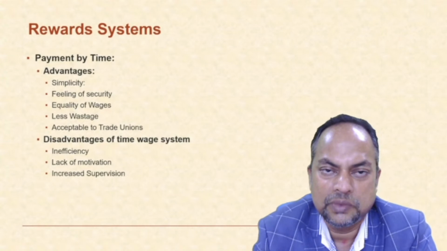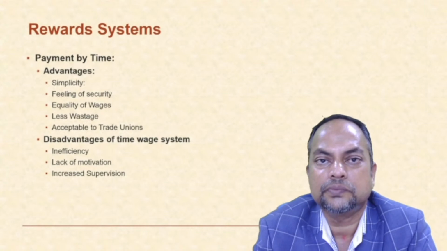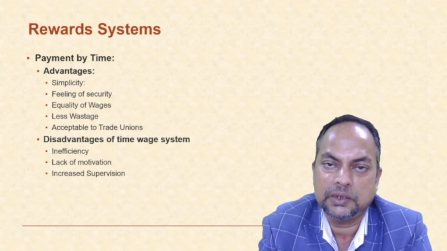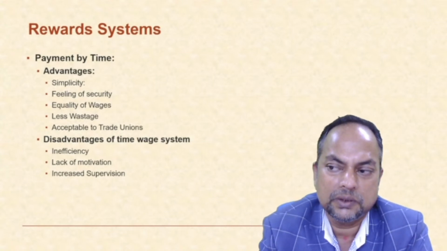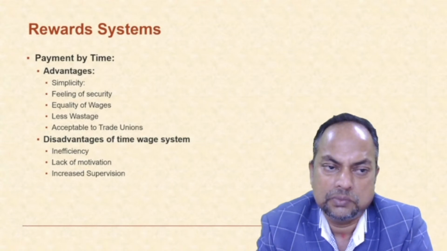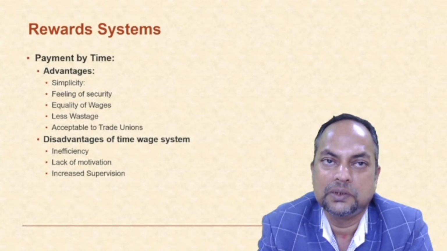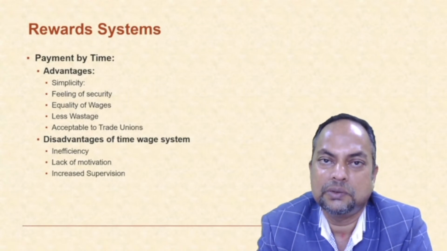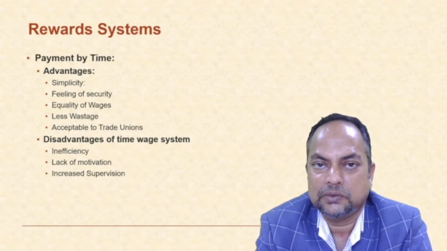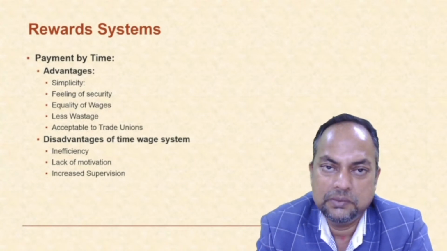Right? So it is very simple to calculate, an easier method we can say, and this also gives the workers a feeling of security, as this particular method is not linked with productivity. It may so happen that our productivity cannot be 100% every day. Sometimes it can go down by 20% or 30%, maybe because of external factors, our own health issues, personal reasons or family reasons, whatever it may be.